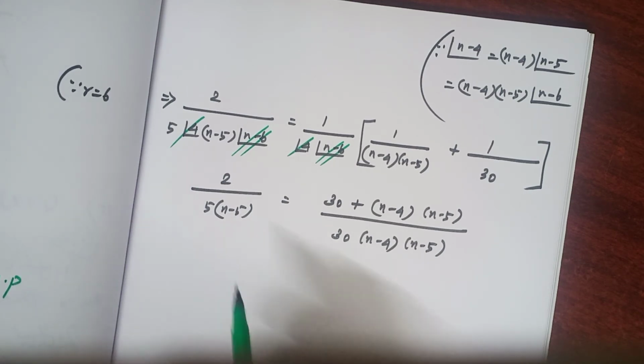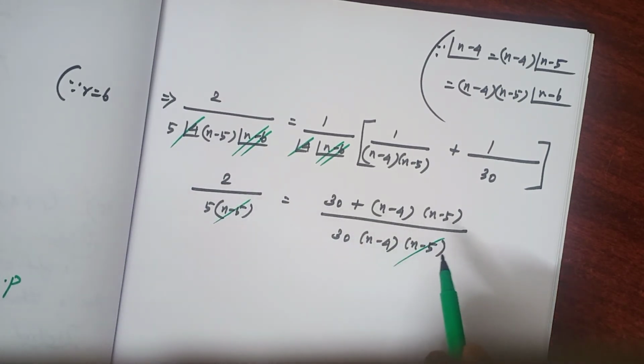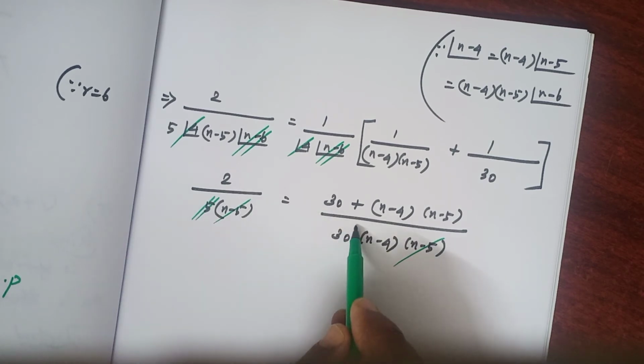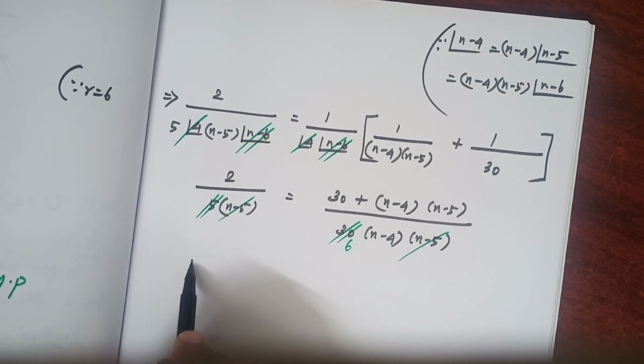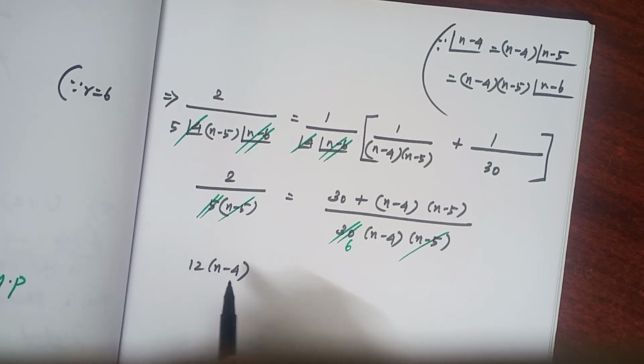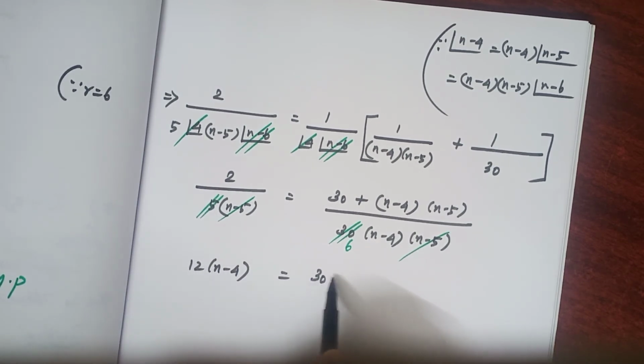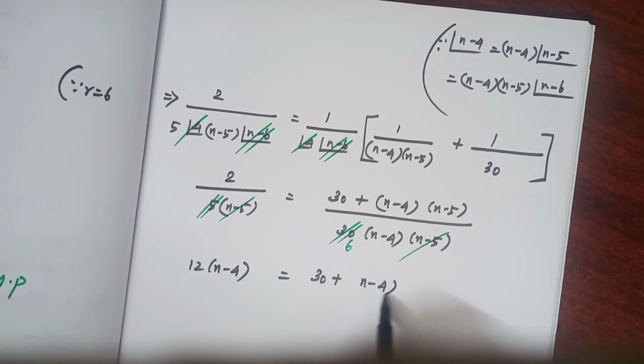Now n minus 5 gets cancelled. 5 sixes are 30. Again you have to cross multiply. If we cross multiply, 2 sixes are 12 into n minus 4, that is equal to 30 plus n minus 4 into n minus 5.